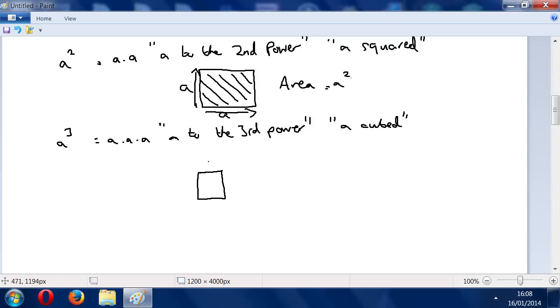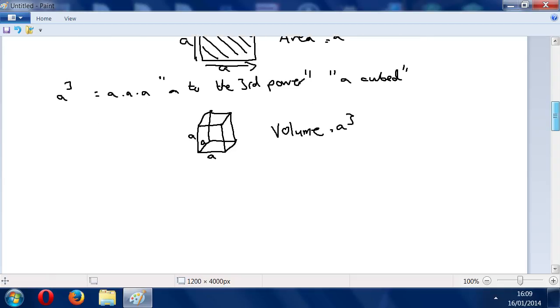If we draw the cube, we're going to have the length and the breadth, and then the height. If we multiply them all together, we get the volume. So the volume equals a cubed for this particular cube, and that'll be any cube.